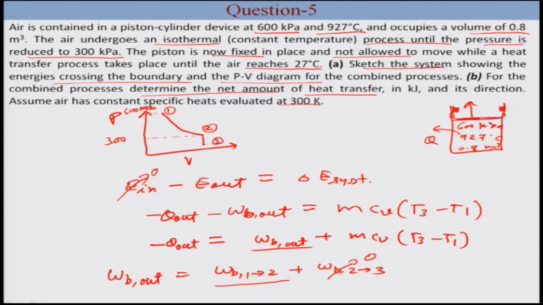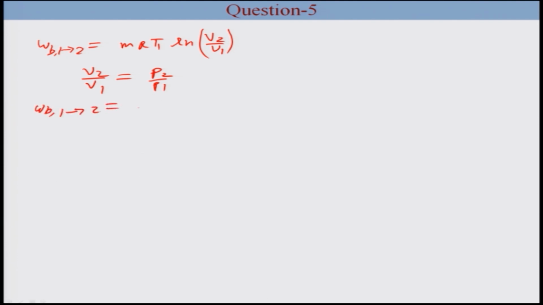Isothermal expansion work for an ideal gas will be m R T1 ln of V2 upon V1. But for an isothermal process, V2 upon V1 equals P1 upon P2, so W_b,1 to 2 will be m R T ln of P1 upon P2.